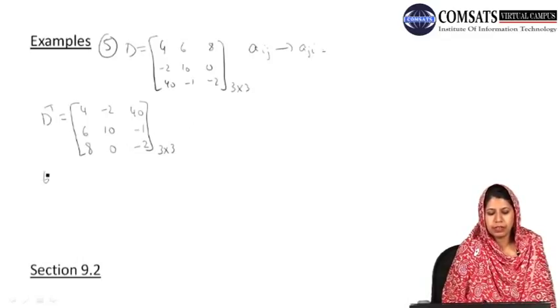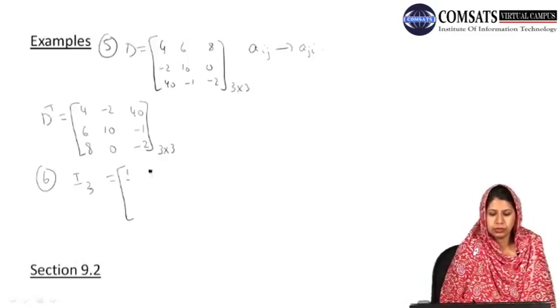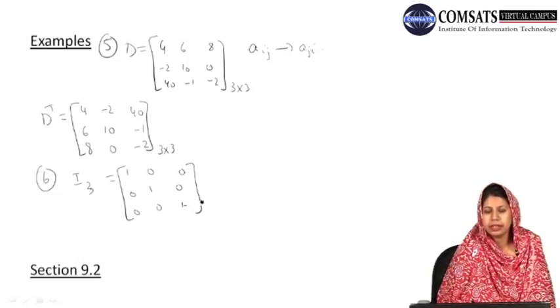For example, let's say we have the identity matrix of order 3, which is 1 0 0, 0 1 0, 0 0 1. Then this is the identity matrix of order 3 by 3.